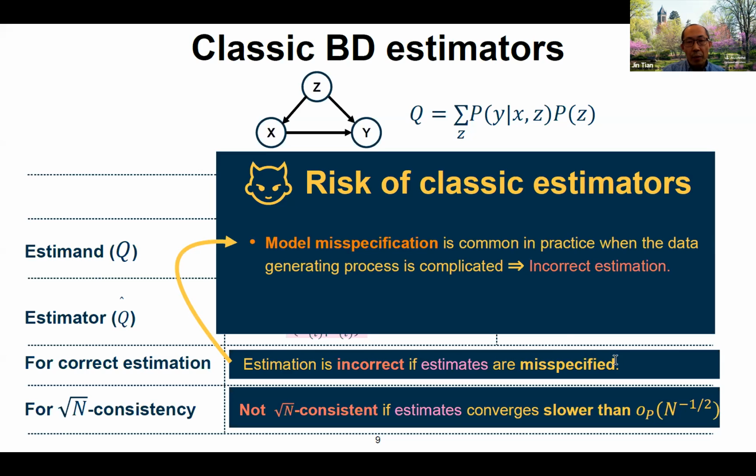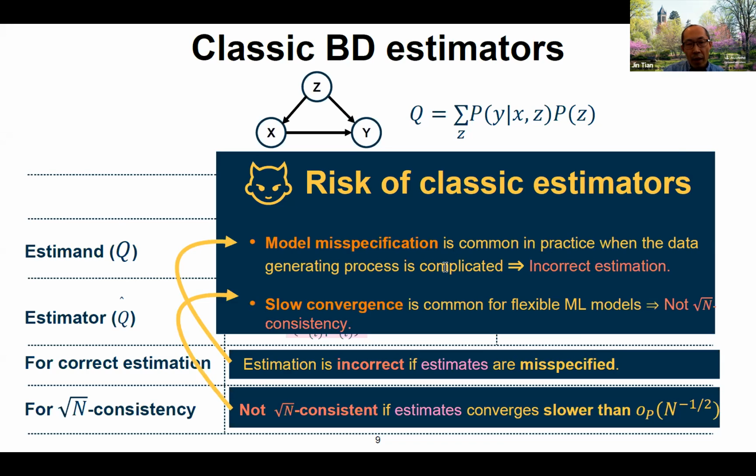So in practice, we have the potential issue of model misspecification, in particular when the data generation process is complicated. And we have the issue of slow convergence, particularly if we want to use those flexible machine learning models. And the standard plug-in estimators for general causal functionals will suffer the same issue.